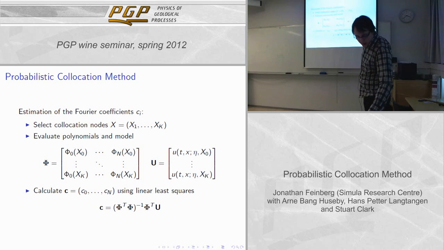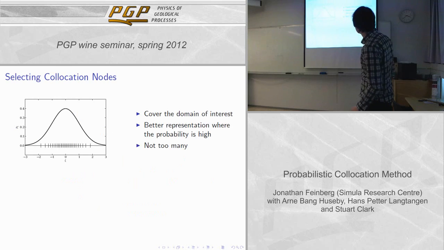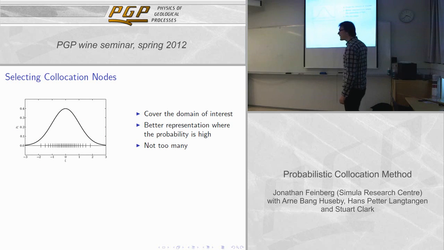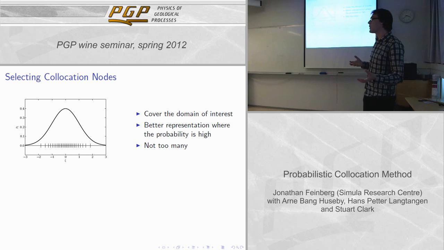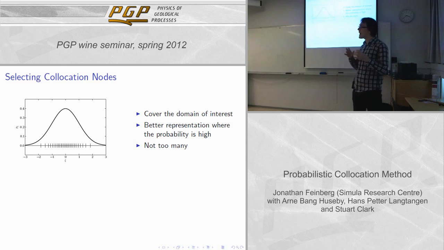However, I just said that we need some collocation node, but we should be thinking about which collocation node is the best one to select. We have some kind of different priorities that we want to incorporate into the same model. On one hand, we basically want to cover a whole domain. So basically, if we can get our nodes be spread out throughout our whole domain, that would be a good thing, because then basically we get representation for the whole domain.